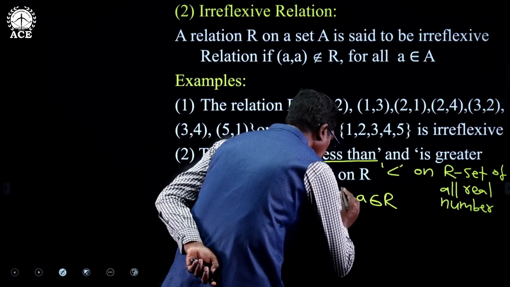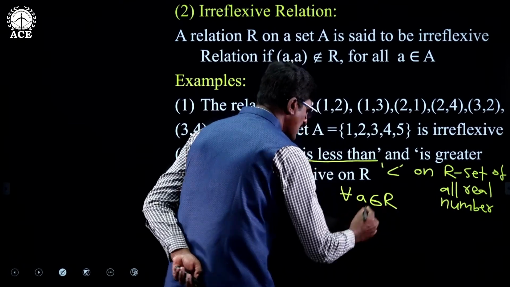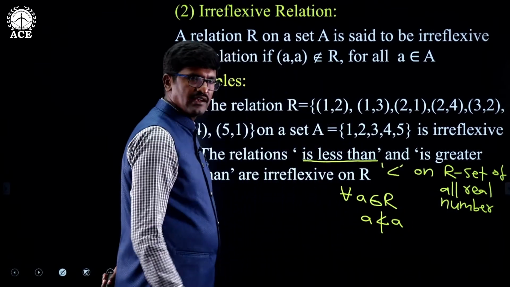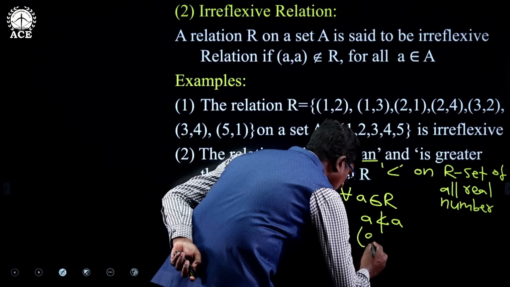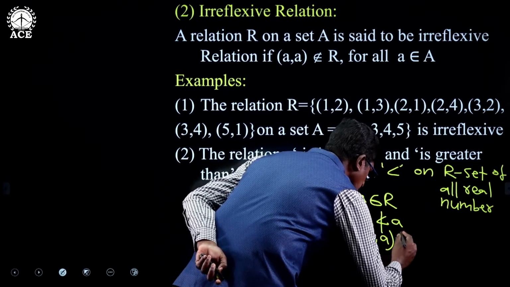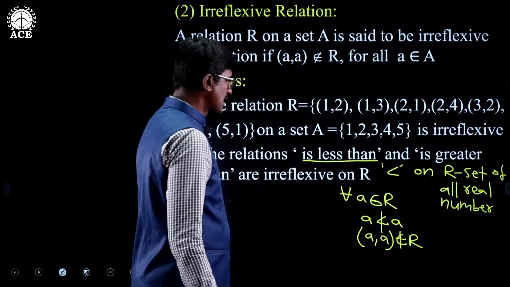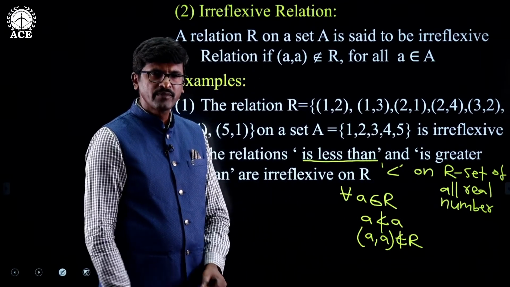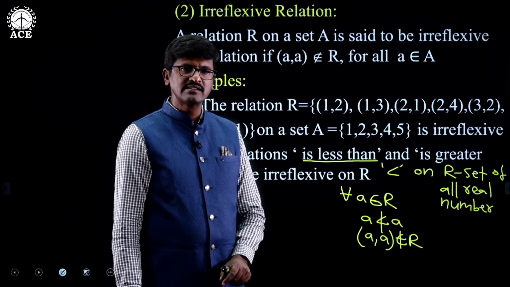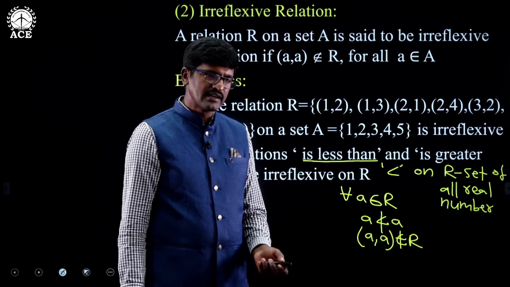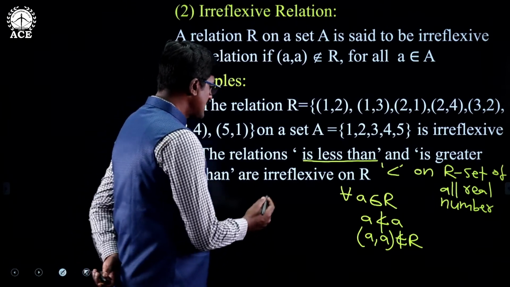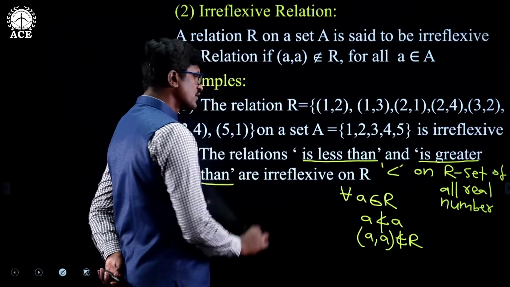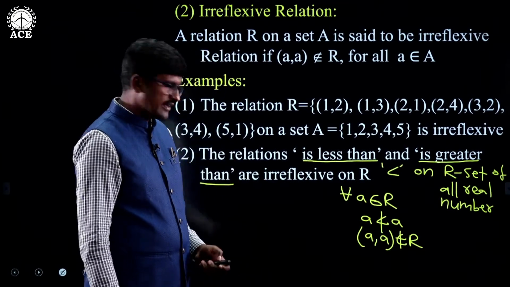For all a belongs to real numbers, a will never be less than a, which means (a, a) does not belong to R. Every real number is equal to itself, but it will never be less than itself and it will never be greater than itself. Therefore, the relations less than and greater than are irreflexive relations on the set of all real numbers.